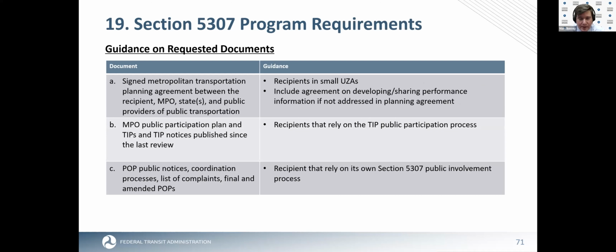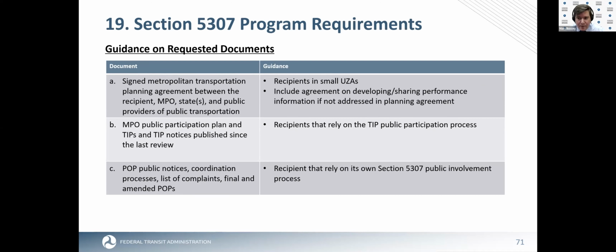All right, great. Yeah, let's take a quick look at these. Section 5307 program requirements. The first thing that the RIR requests is a signed metropolitan transportation planning agreement between the recipient, MPO, states, and public providers of public transportation, basically delineating responsibilities, who's doing what. The second requirement under B is the MPO public participation plan and TIPs and TIP notices published since the last review.